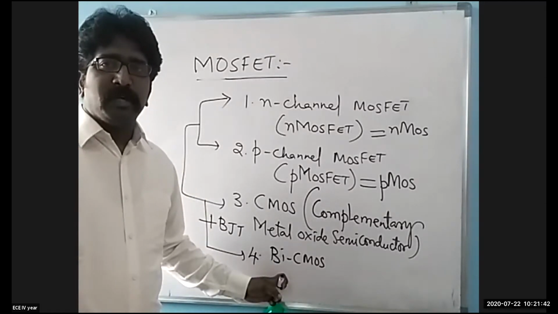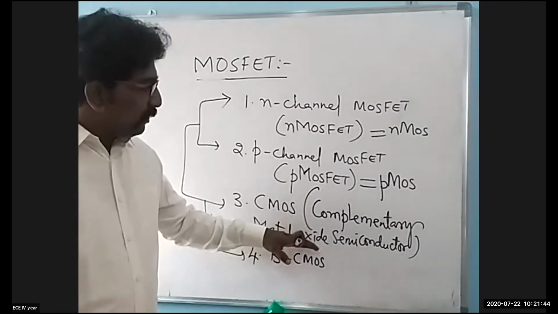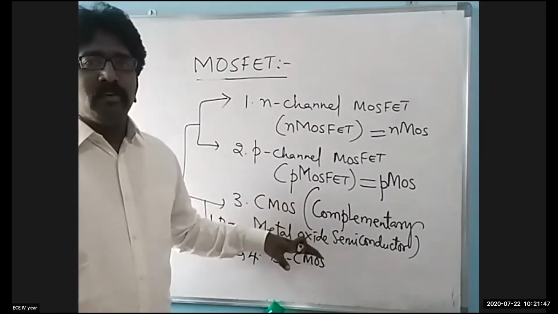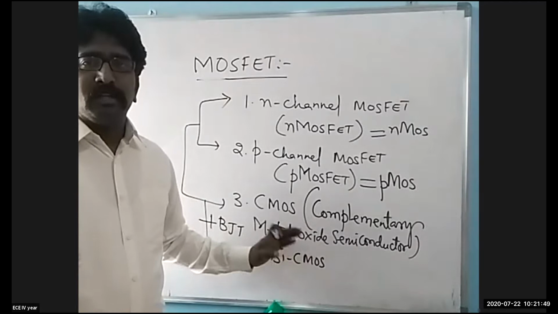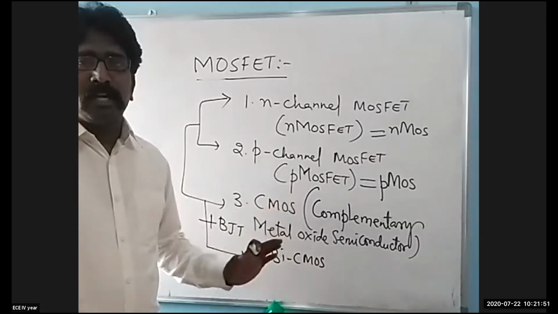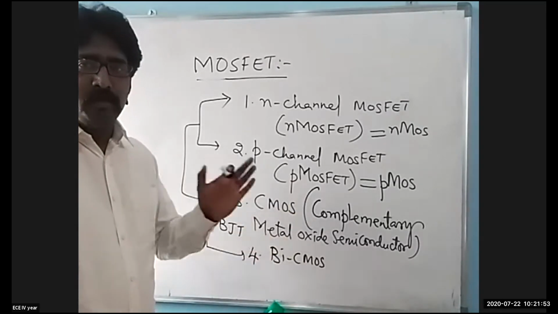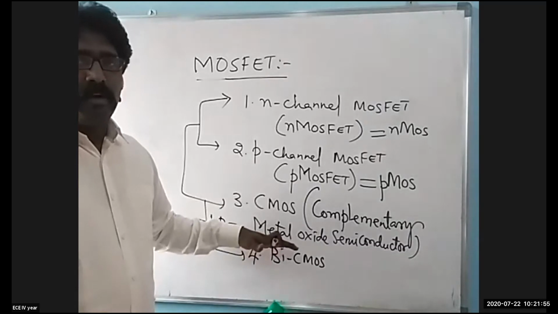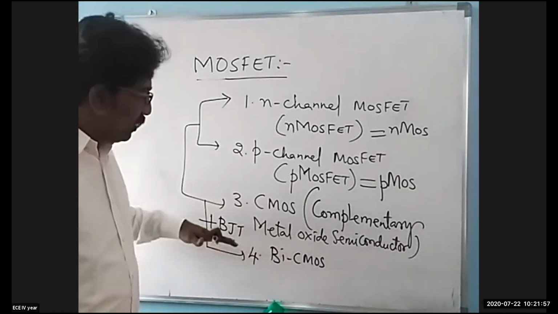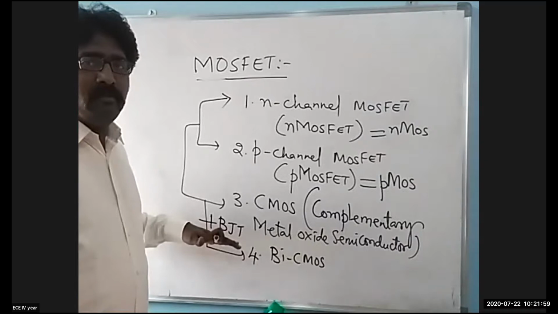Why did they go for the BiCMOS MOSFET? We know that CMOS is very good in terms of its low power consumption. But when it comes to driving an output signal at the output part, CMOS is not as good as the BJT.